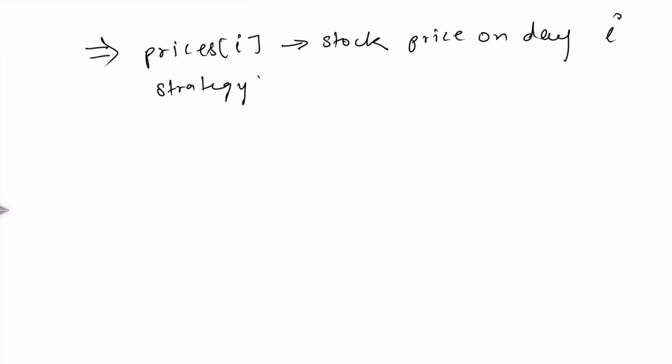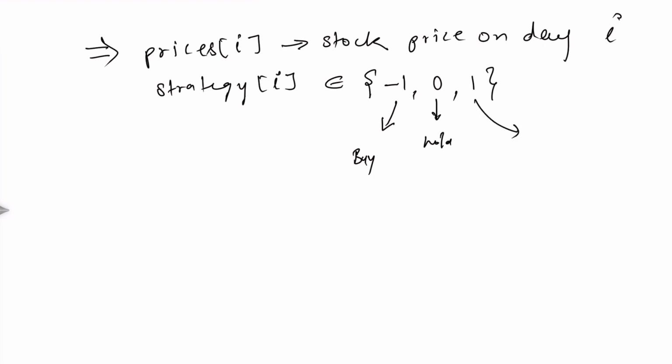So strategy at i consists of -1 when you buy, 0 when you hold, and 1 when you sell. It means this is to buy, this is to hold, and this is to sell. Hold means we are not doing anything, -1 means we are buying, and 1 means we are selling.